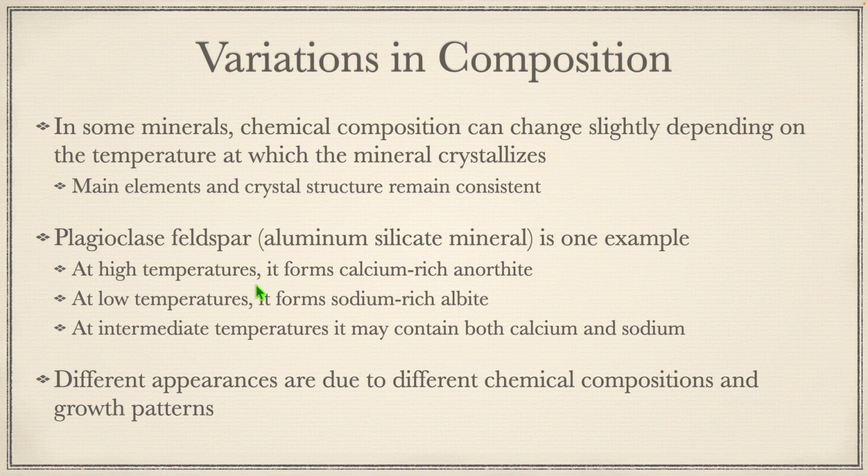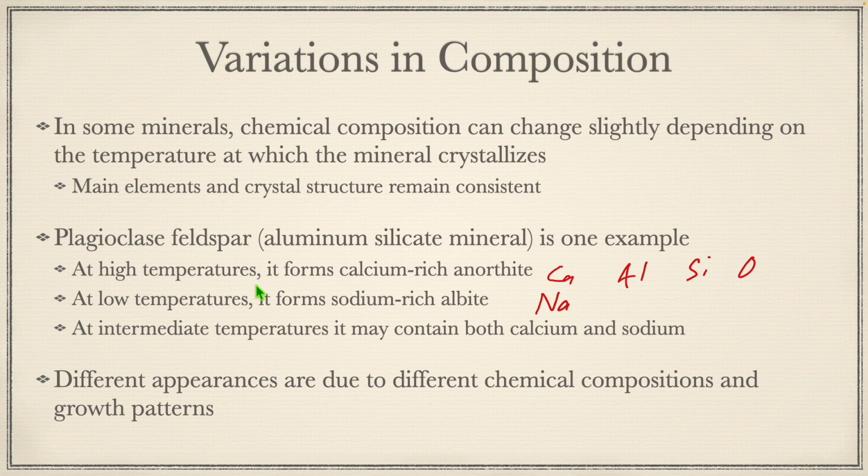At high temperatures, it forms a calcium-rich anorthite, which basically is aluminum, silicon, oxygen, and calcium. At lower temperatures, it forms a sodium-rich albite. So again, you have your aluminum, silicon, oxygen. In the anorthite up here, you have calcium, and in the albite down here, you have sodium.